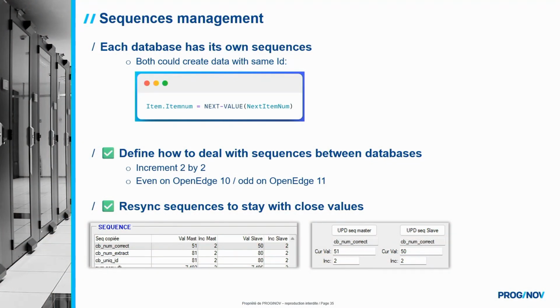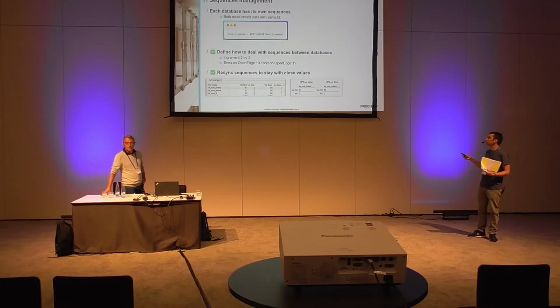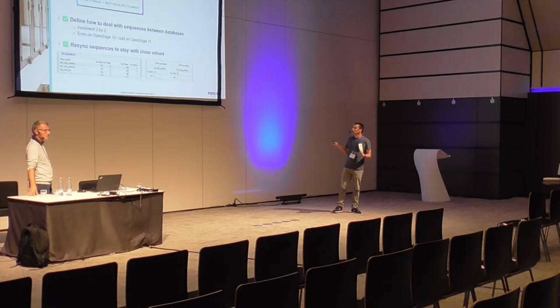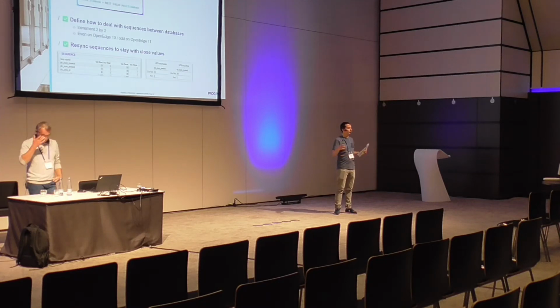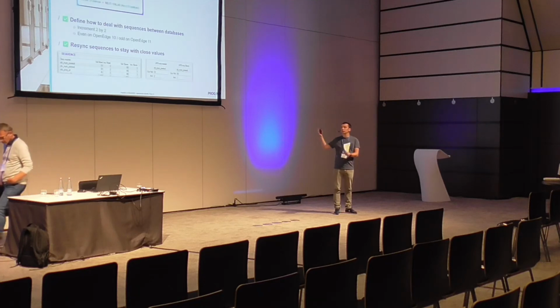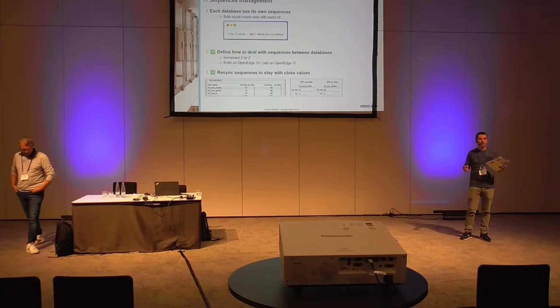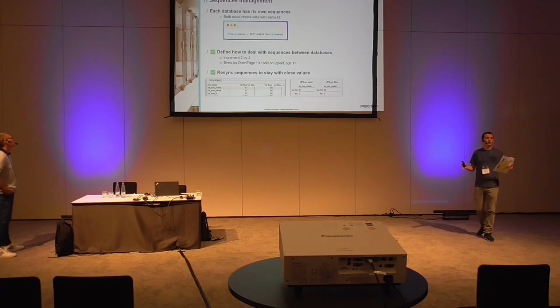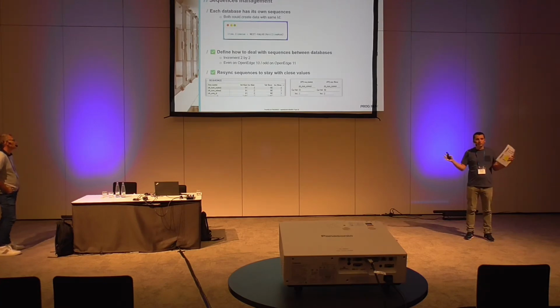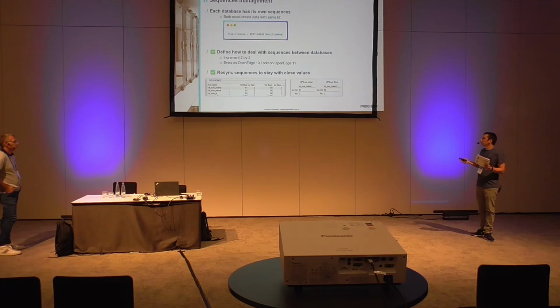We also have to pay attention to the sequence, because each database has its own sequence, so both databases could create records with the same IDs. It could be a problem because if on one database you create an item car with item number 100, and on the second database you create another item, bottle of wine, with item number 100, when you run the replication, one of those records will be erased by the other.